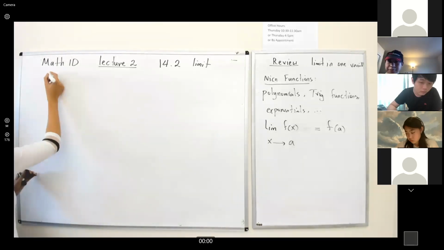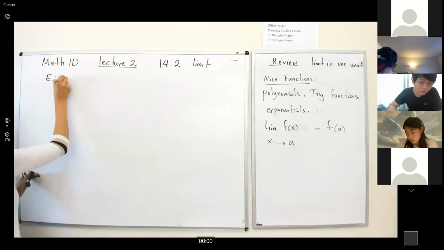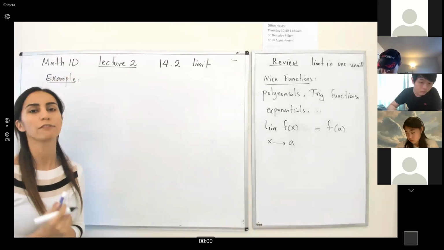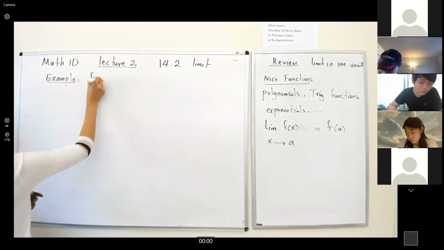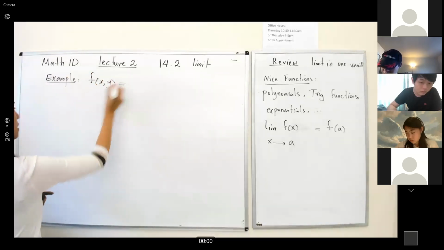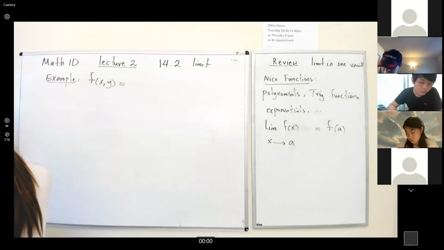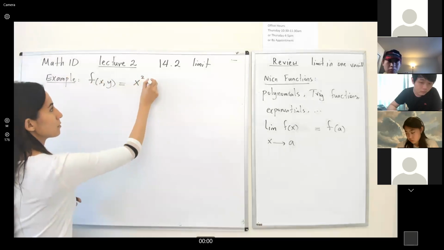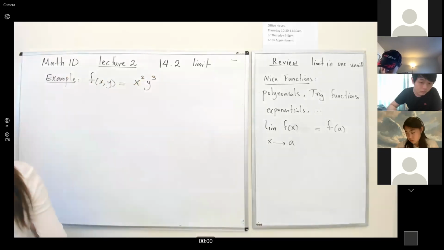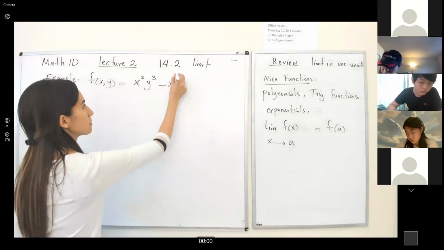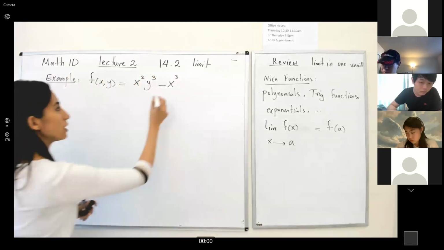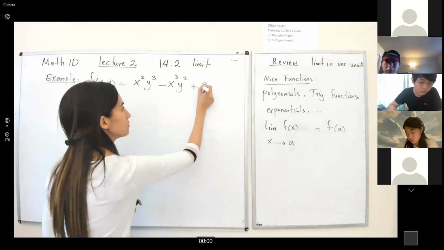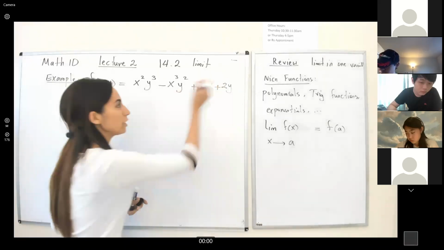So, for example, suppose you have this function. Let function f of x and y be given as x squared y cubed minus x cubed y squared plus 3x plus 2y.